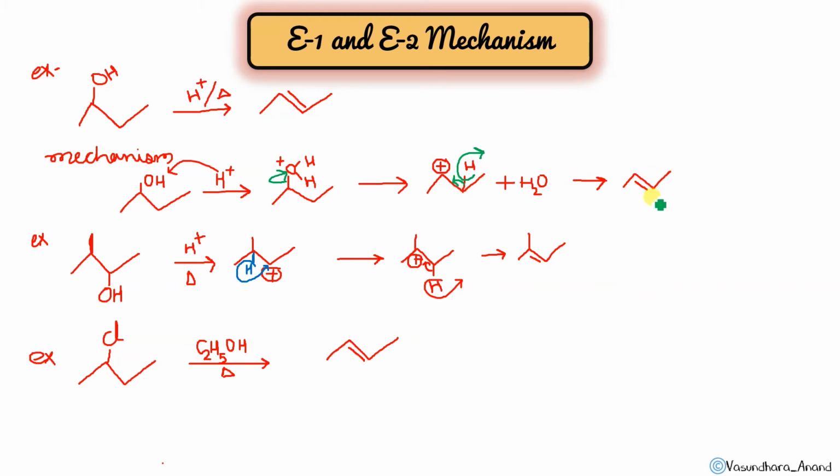So what happens here first? First the leaving group leaves the site, which leads to formation of the carbocation, and then the beta hydrogen comes out. Meaning both the things, the leaving group and the hydrogen, cannot come out together for E1. Got it? So what did I tell you for E1? The base should be weak and temperature is there. Got it? Did you understand?